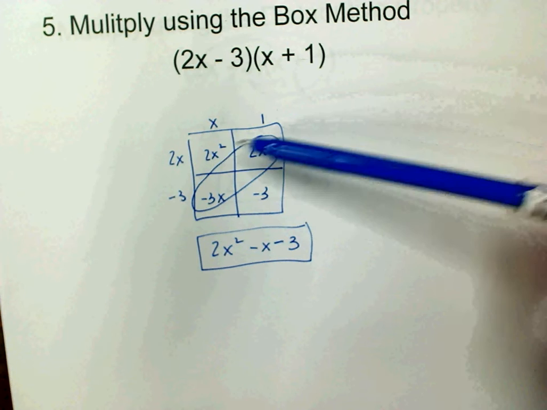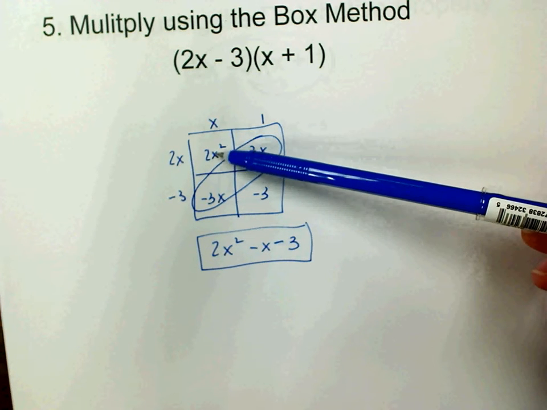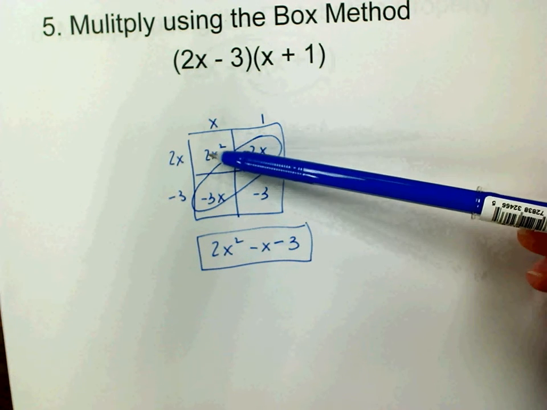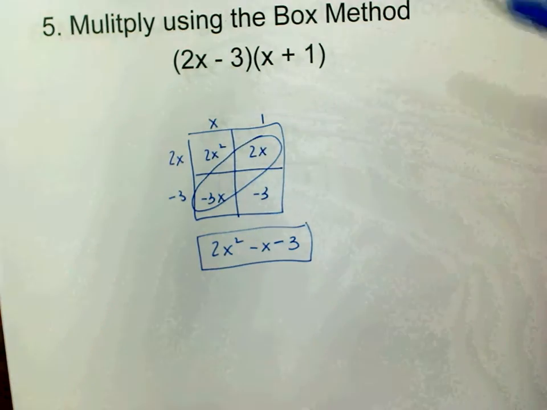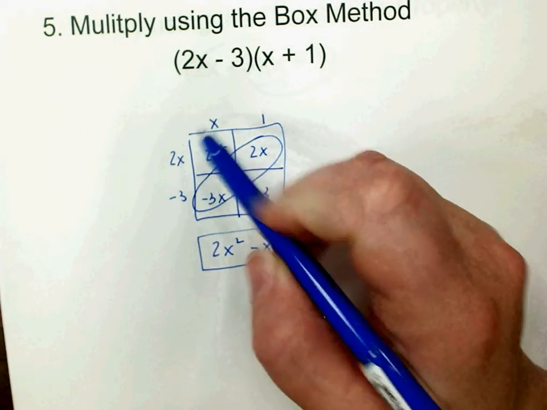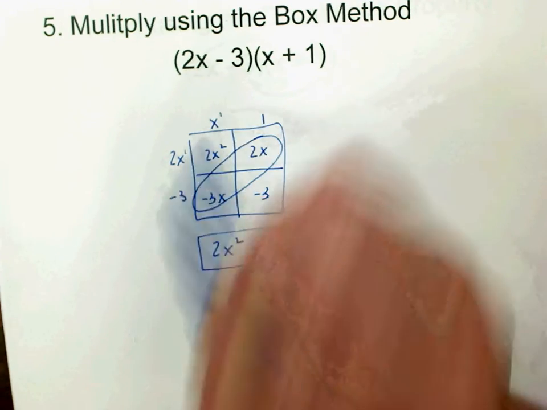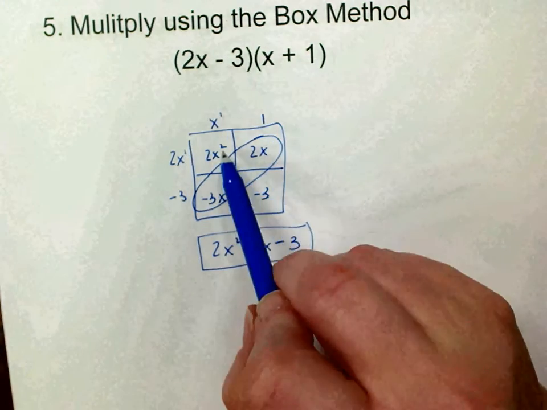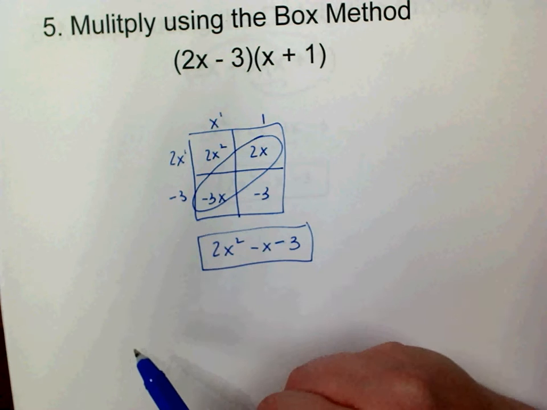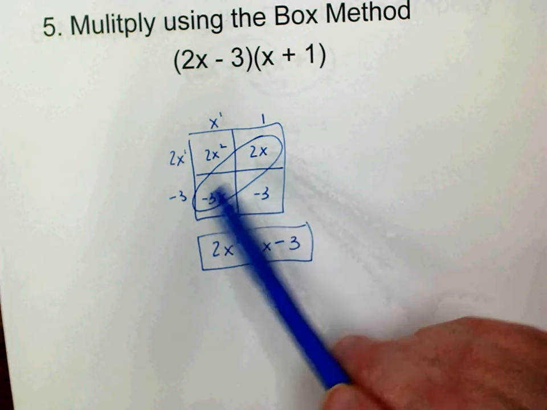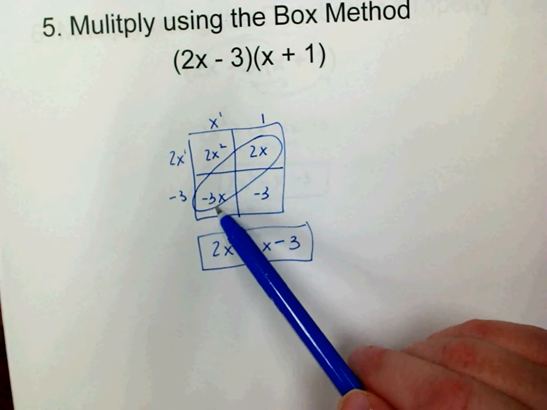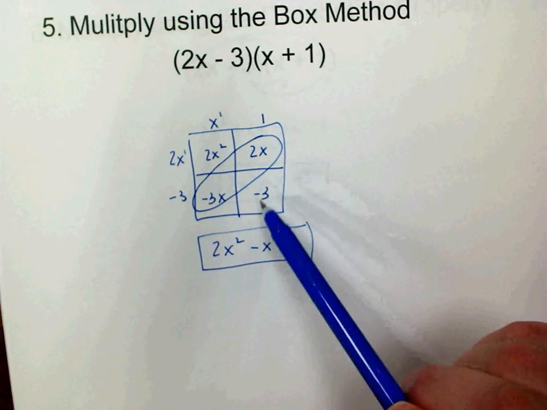And then you put the multiplication of those 2 terms in each box. So 2x squared we got for multiplying 2x times x. Remember, when you multiply an x by an x, you have to add their understood exponents of 1, and that's where that exponent of 2 comes from. Here you're multiplying 2x by 1 and getting 2x. Negative 3 times x is negative 3x, and negative 3 times 1 is negative 3.